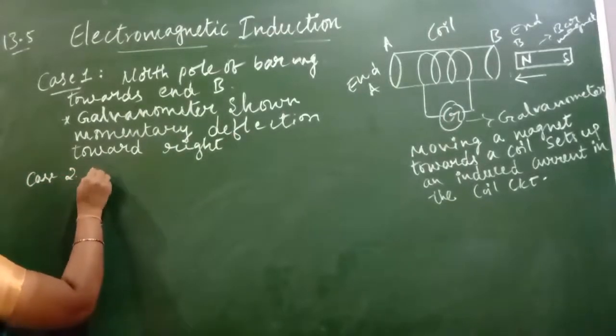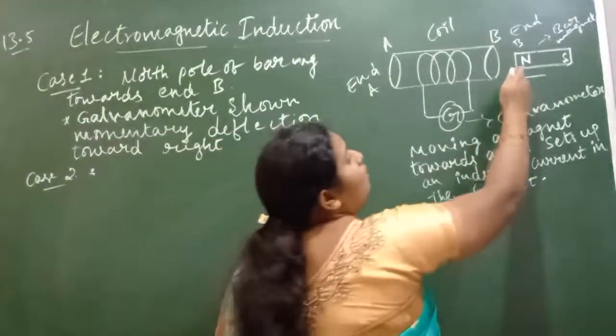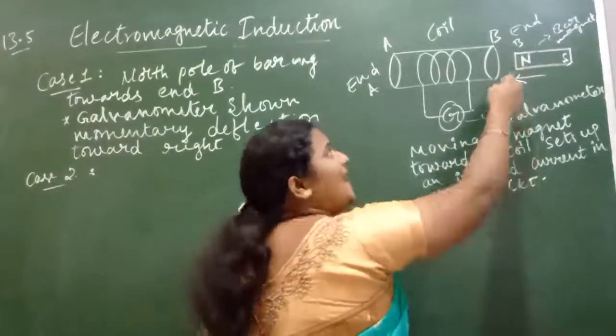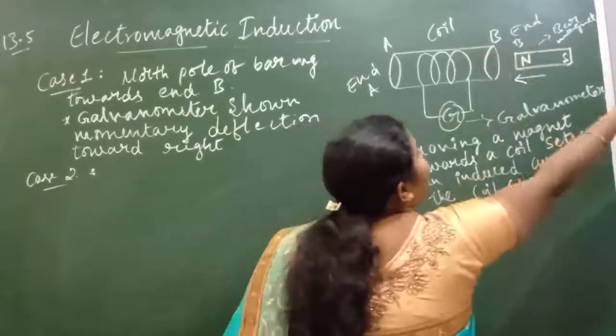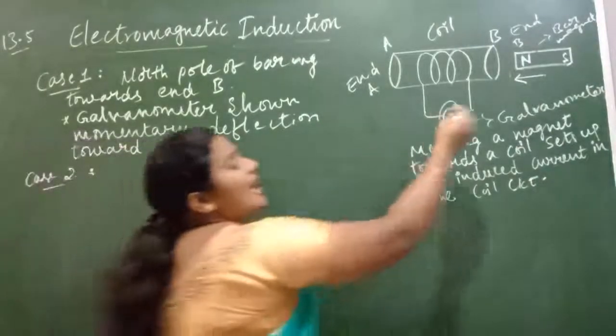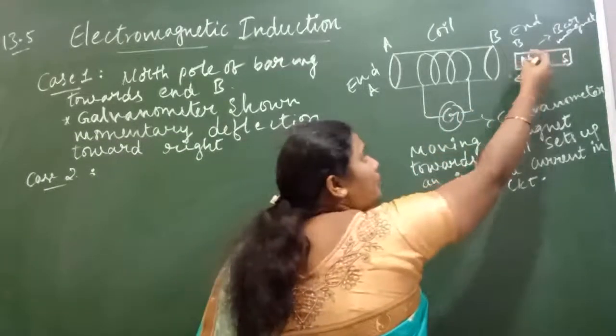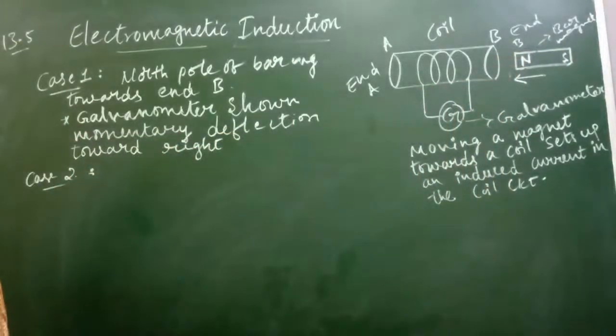Case 2. What we did now, we have to take out this north pole of the bar magnet from the coil. Understanding, children? First what we did, we inserted, that is, brought the bar magnet towards the end B. But in the second case, we are taking out, that is, we are taking away the bar magnet from the coil.